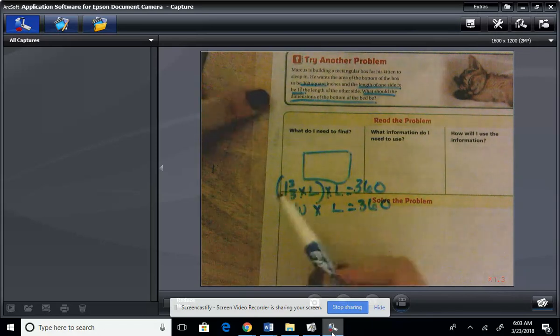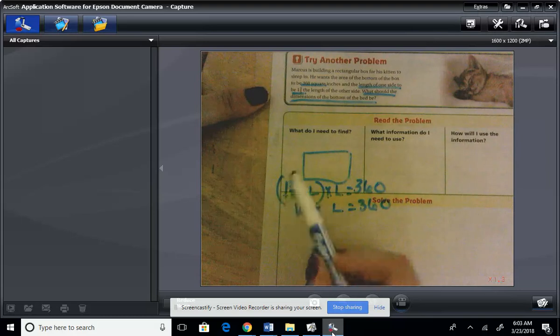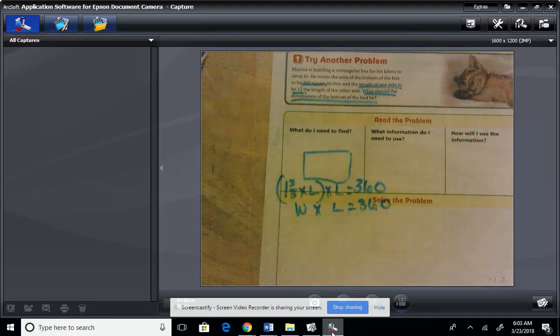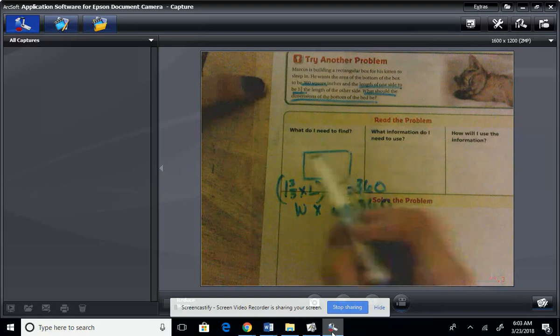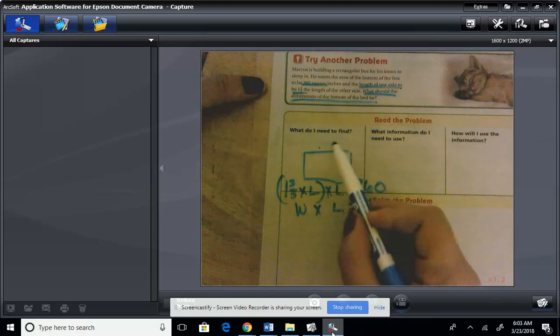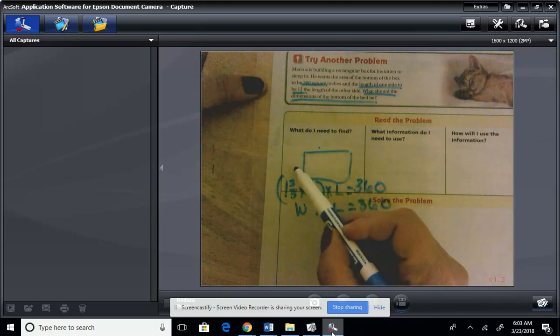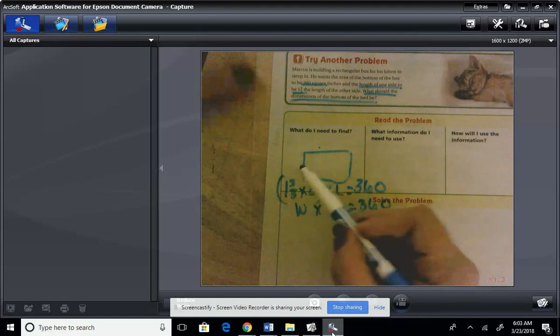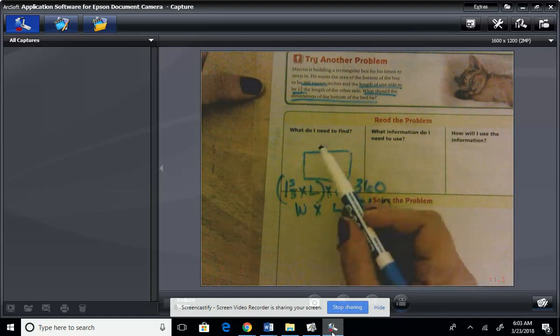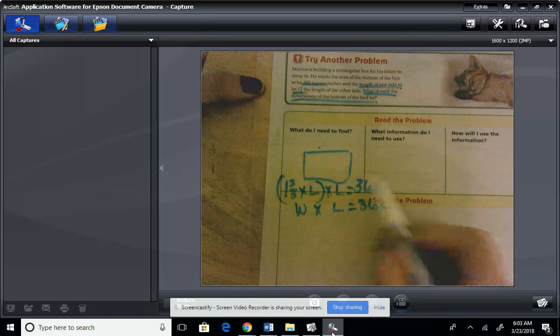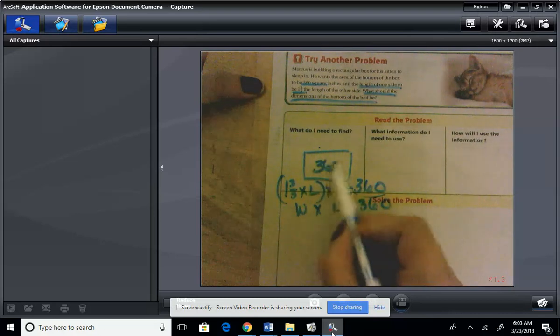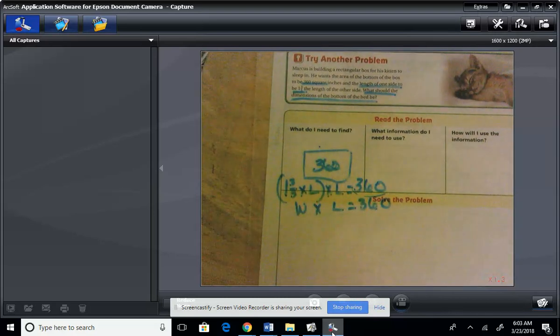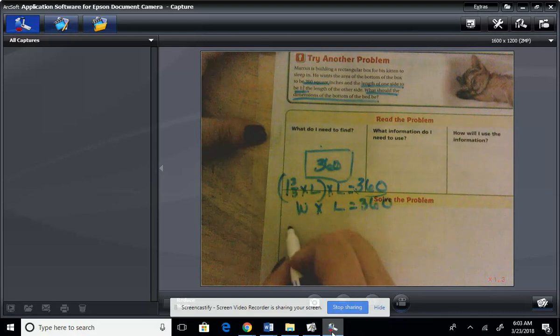So I just say, well, I know 1 3/5 is like 1.5. So that means this side is 1.5 more than this side. What numbers would be 1.5 more to get me to the total of 360 square inches?